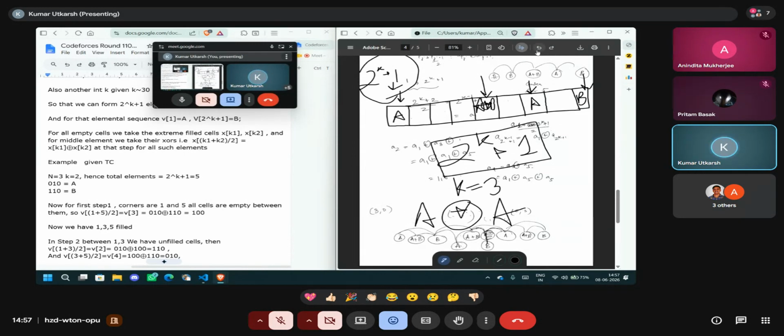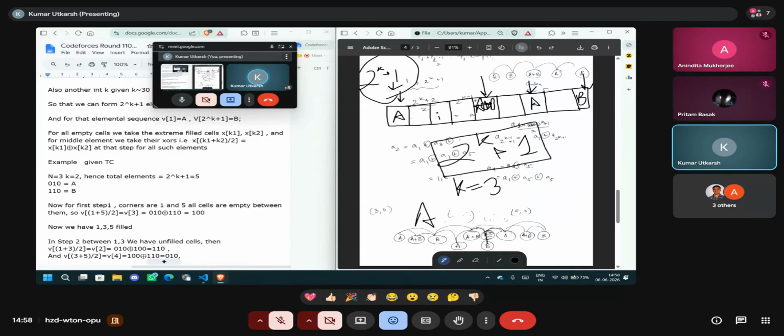So then we move to A XOR B into XOR of B, that is we get A. And again for these two extremes, we do A into A XOR B. So what do we get here?